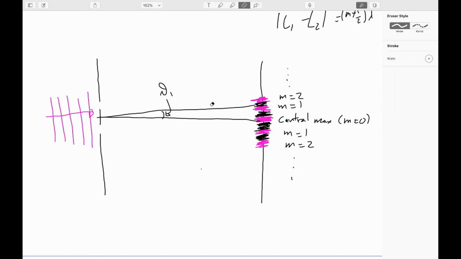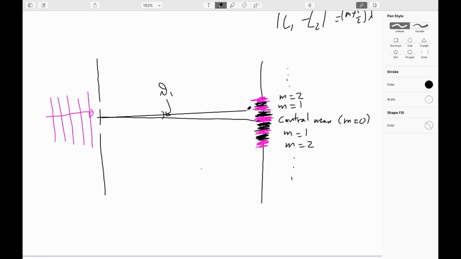Let me try drawing this a little better. From the center to the first constructive interference maximum.